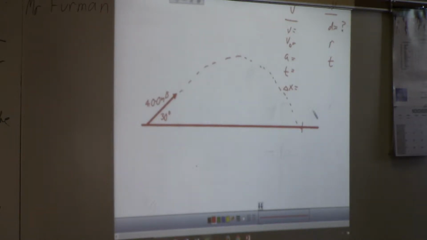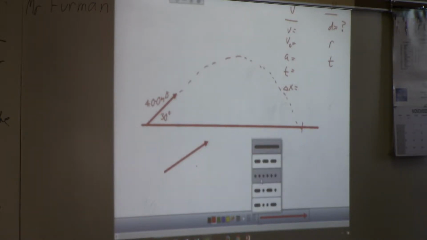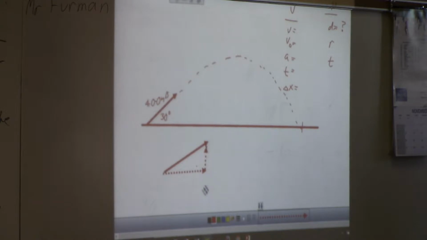400 meters per second. Some of that is vertical, right? Because it's going to gain height. It's not shot straight up, and it's not shot perfectly horizontally like the previous problem. So I want to break that 400 meters per second into its horizontal and vertical components.